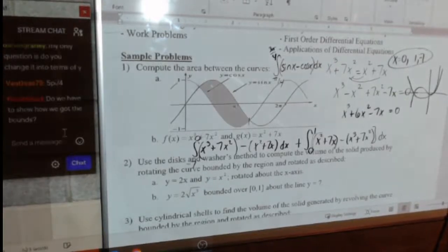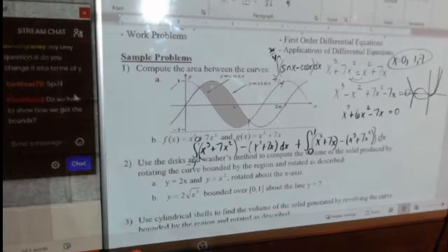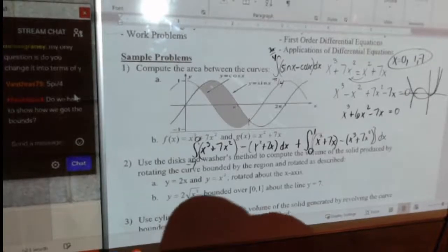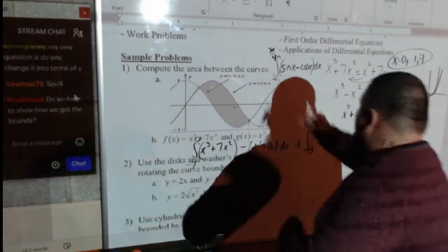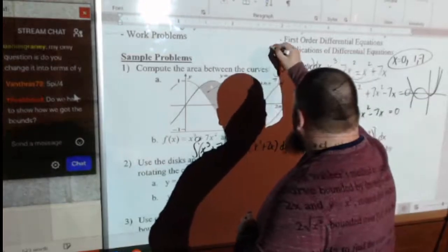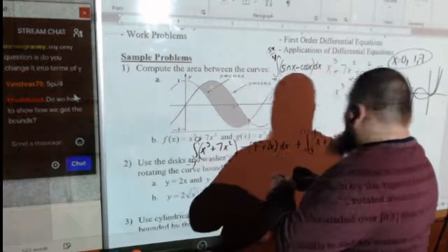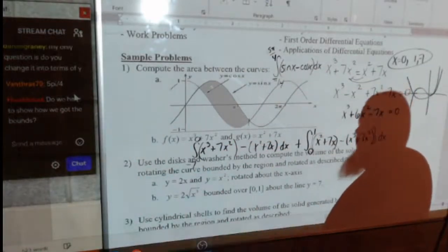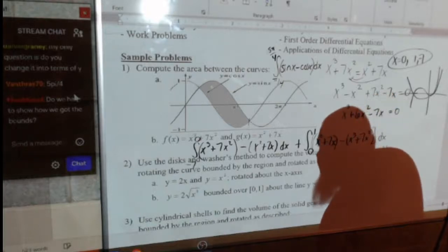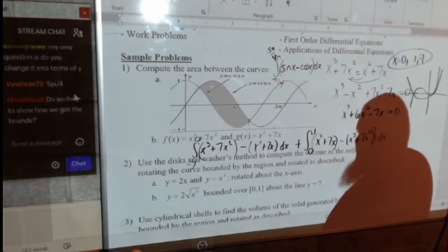Tom, I saw you said something about having some questions about the differential equations, so yes, we could do another one of those. Sorry, 5 pi over 4. Yeah, you're right, because to get the 2 pi, I'd have to have 8 pi, sorry about that. Do we have to show how we get the bounds? Yes, I would like to see how you get the bounds.